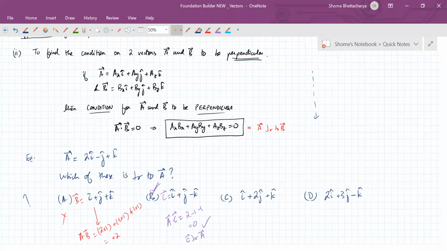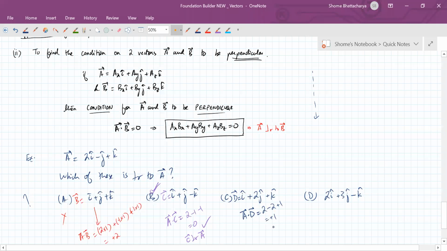Okay. Now similarly, let's say this next one is the vector d or whatever. So now let's see what is a dot d. A dot d is 2 into 1, that's 2, minus 1 into 2, that's minus 2, plus 1 into 1, that's 1. So that's plus 1. So it's not 0. So this is not perpendicular. Okay. And finally, let's look at this one. Let's say this vector is e or something.